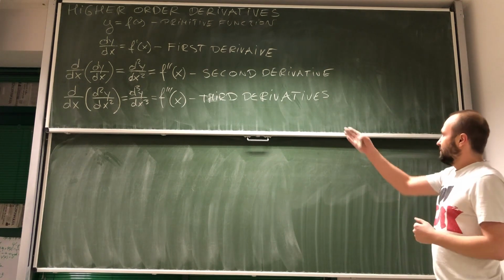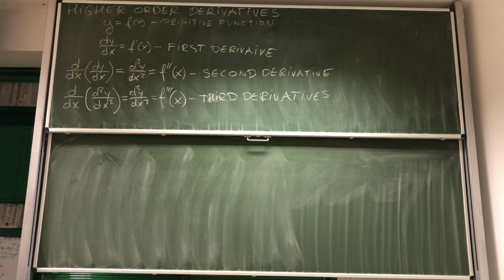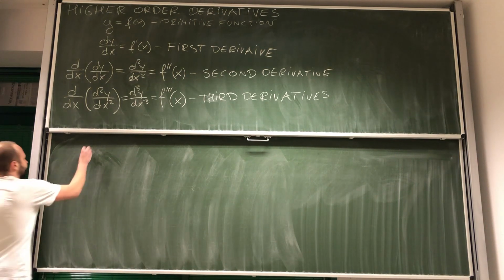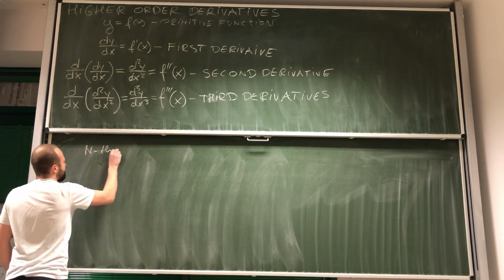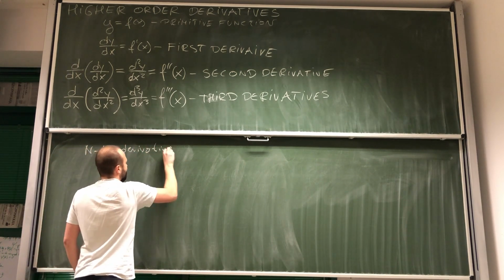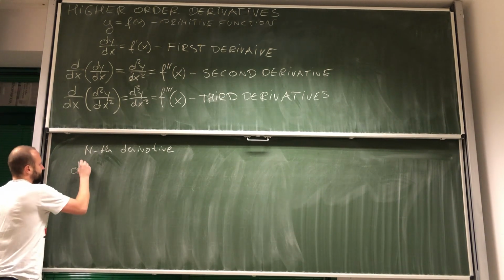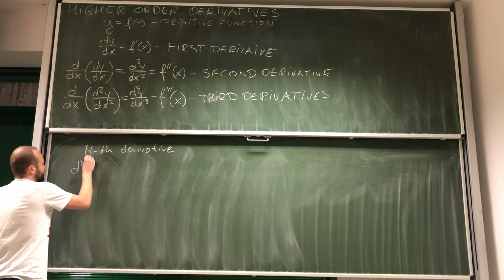For now, let's just think, how could we write down the nth derivative? Okay, so our nth derivative would have the n here, right?